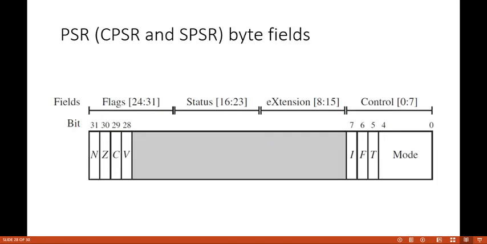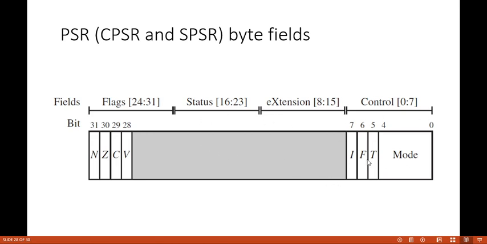Next, let us see once again the CPSR and SPSR content before going to the instruction. This is a 32-bit register. There are 4 fields available: flags, status, extension, and control. In the flags field you have 4 flags: N, Z, C, V. Then status and extension are empty.